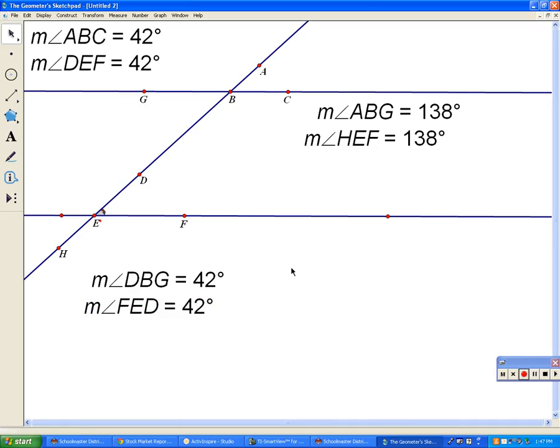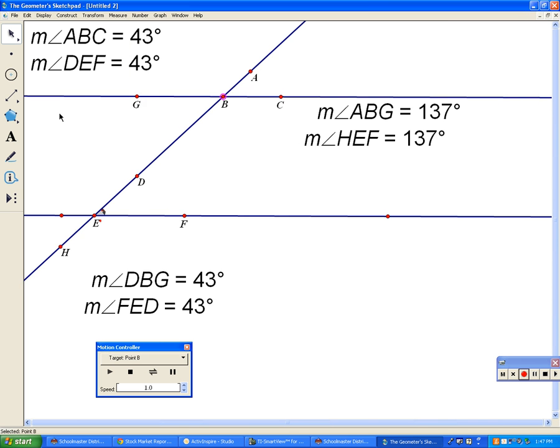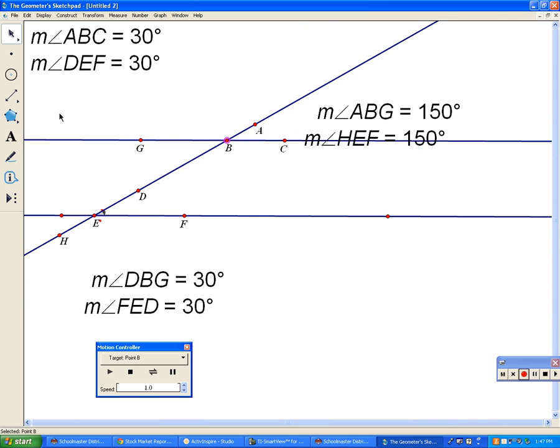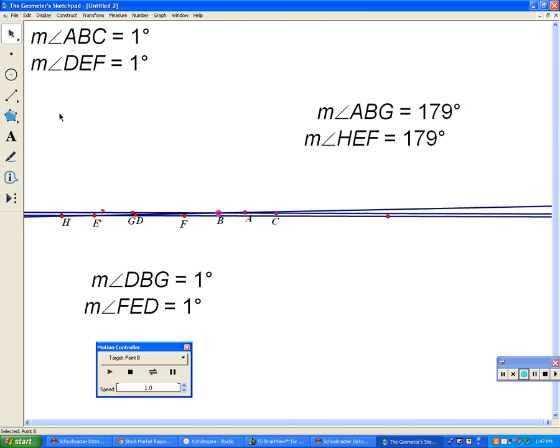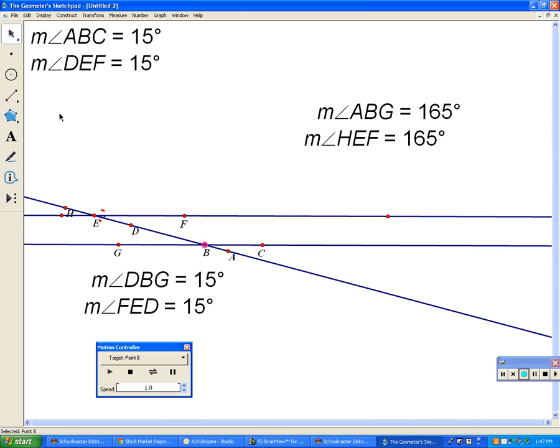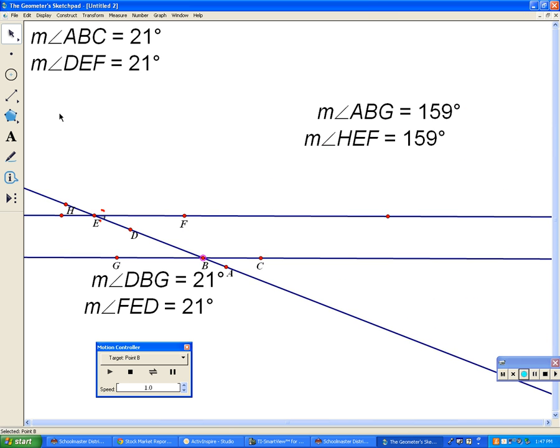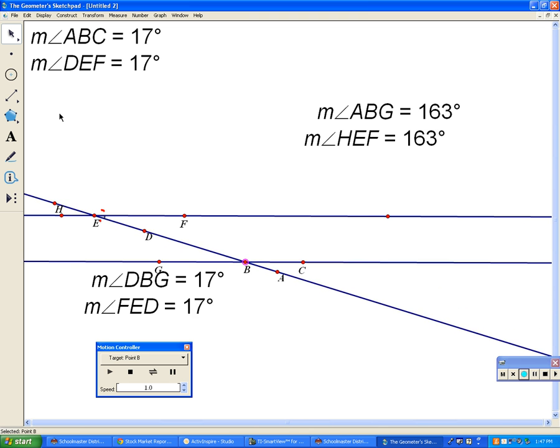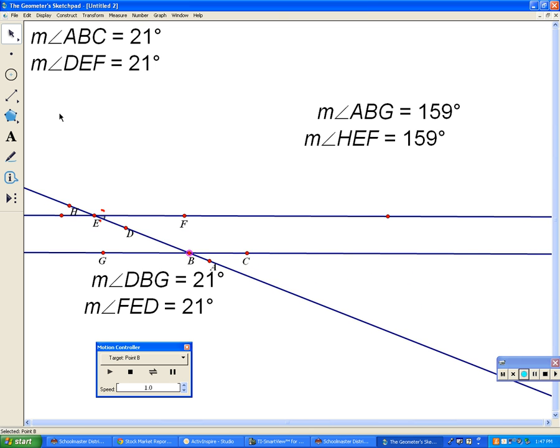So we came up with 3 pairs of angles, corresponding angles, alternate interior angles, alternate exterior angles, and it turns out that all of those pairs of angles are going to be congruent. And you can see that if I take one of those points and put it randomly in motion, they're going to remain congruent.